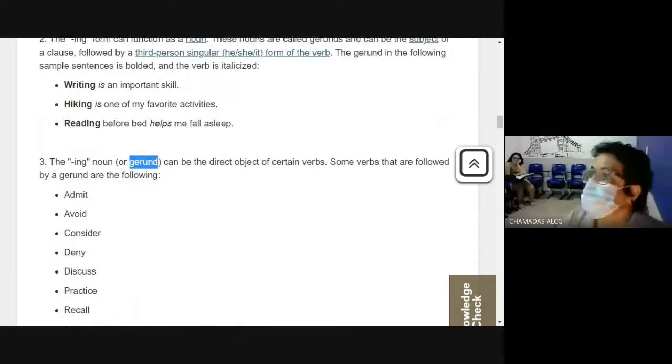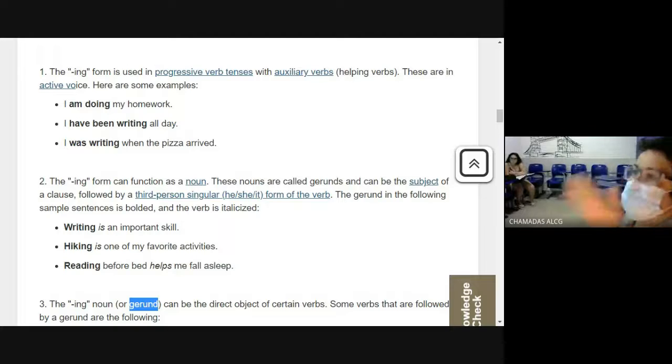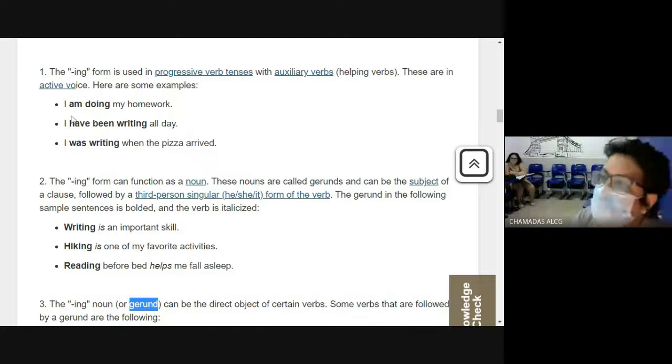Because gerúndio in Portuguese is present progressive or present continuous. So the word continuous is equivalent to gerúndio in Portuguese. Okay? So present continuous: I am doing my homework. This is our gerúndio. Okay?